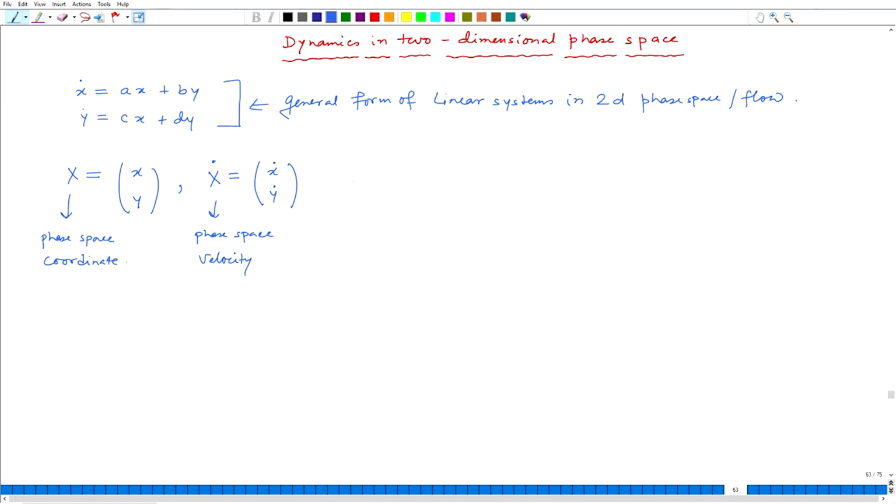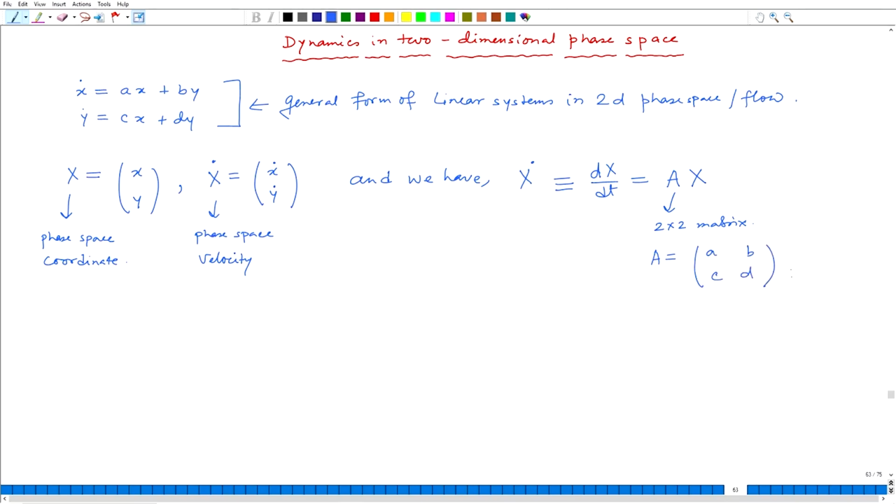And we have x dot, which is equivalent to dx dt, equal to A times the x vector itself, where A is a 2 by 2 matrix, and for us this is simply equal to a, b, c and d.